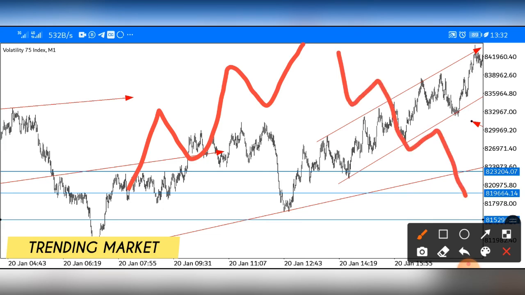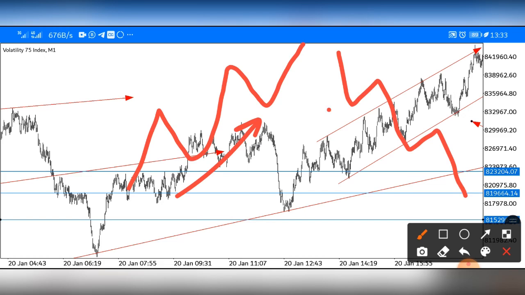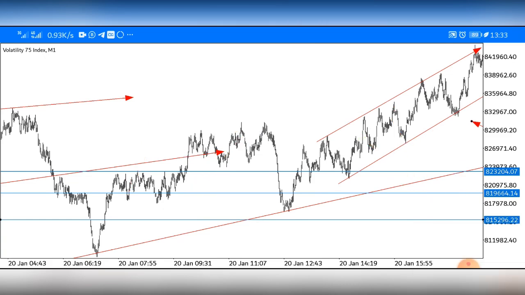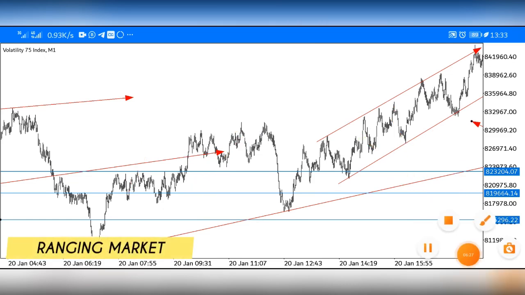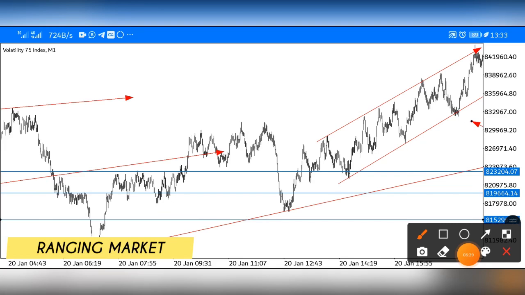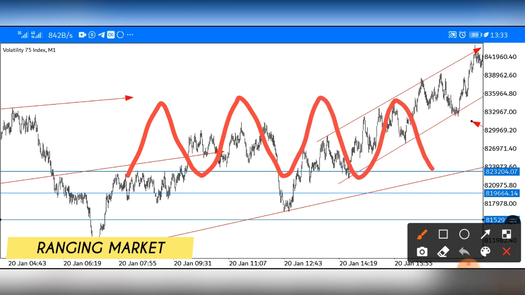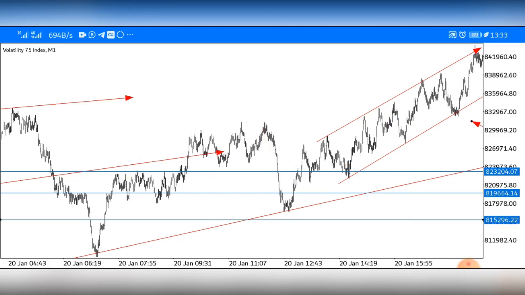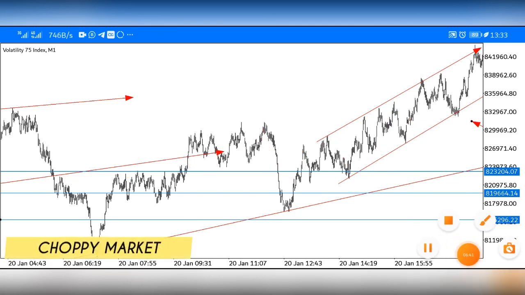When price is going upward, it is called an uptrend, and when it is going down, it is called a downtrend. The second type of market structure is called a ranging market. A ranging market is moving sideways, something like this, with equal highs and equal lows. That is it.